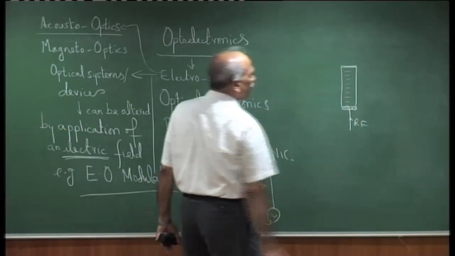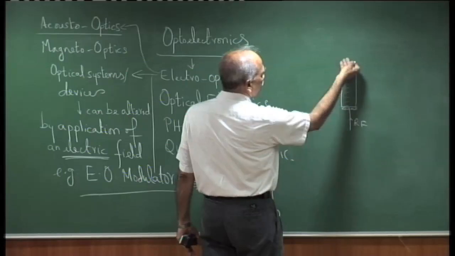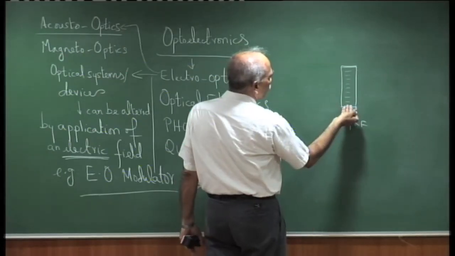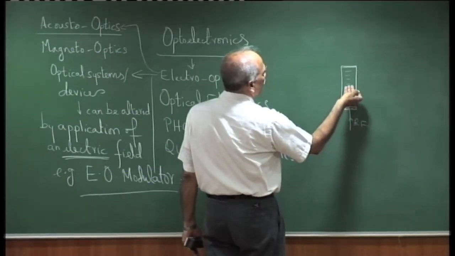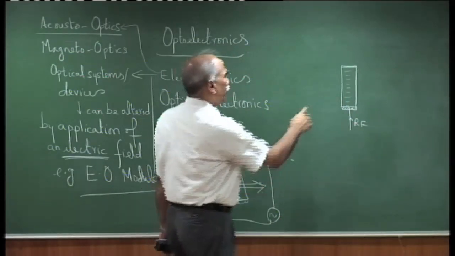There are mechanical waves which propagate through this medium, which form a standing wave, and due to this there are compressions and rarefactions frozen into the medium, which act like a phase gradient.